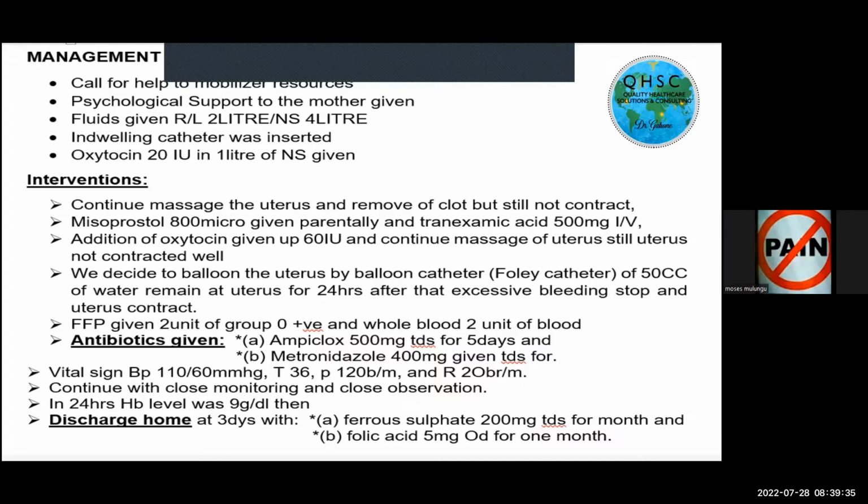If you give it so fast, it may cause a bit of hypotension. That's why they start with intramuscular. But what I've just understood is that they give it before hemorrhage. If the patient is bleeding, I don't think they give it intramuscularly. I'm not sure. They can elaborate on that.